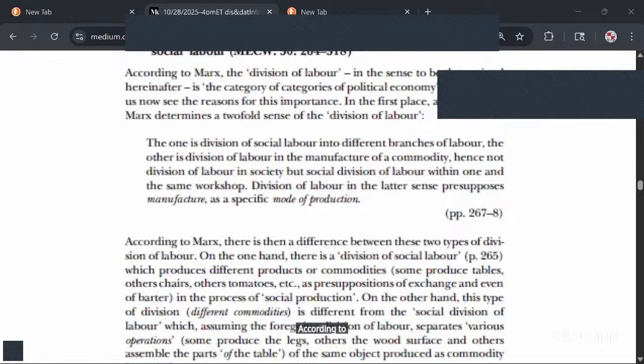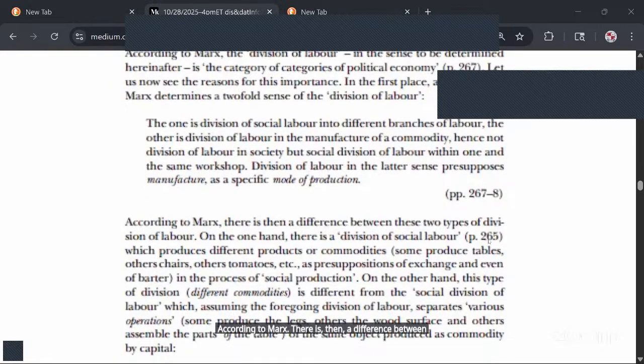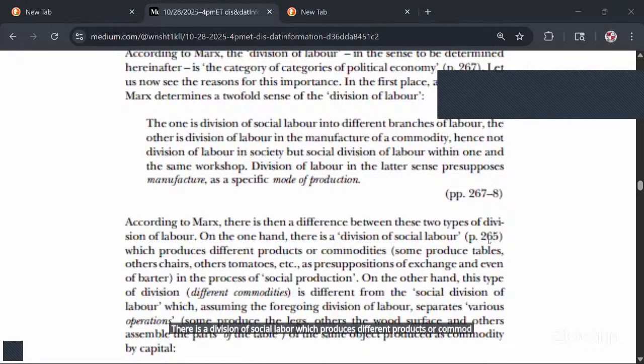Now, according to Marx, there is then a difference between these two types of division of labor. On the one hand, there is a division of social labor, which produces different products or commodities. Some produce tables, others chairs, others tomatoes, as presuppositions of exchange and even of barter in the process of social production.